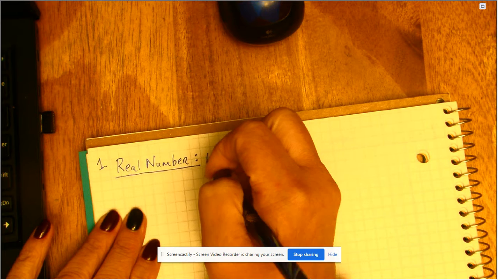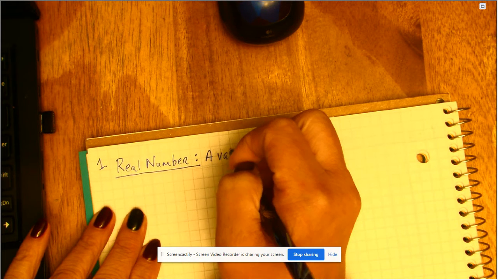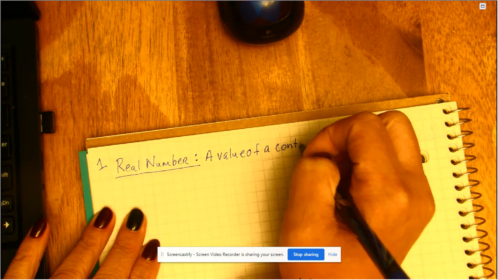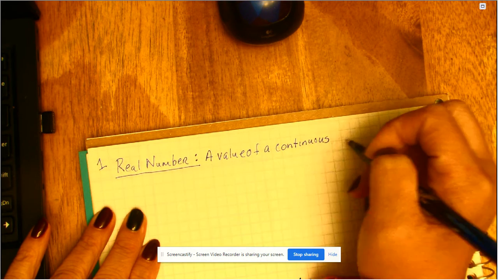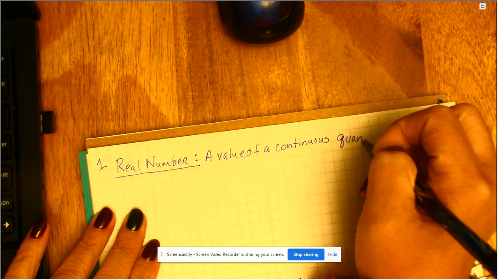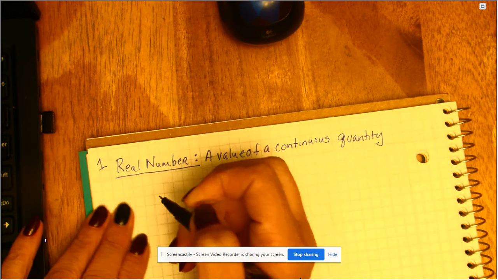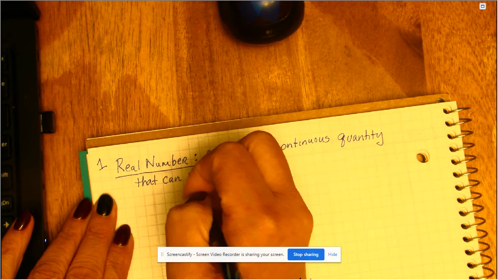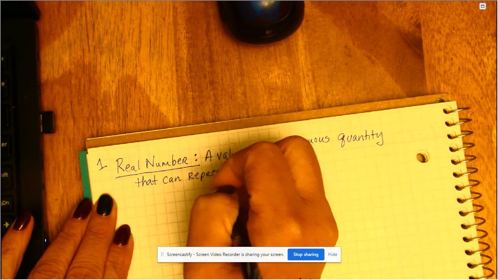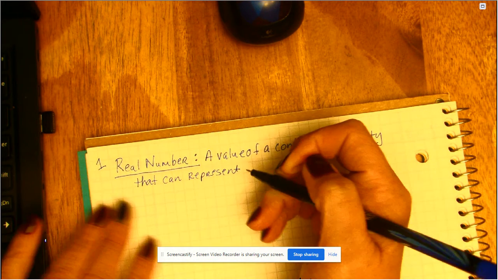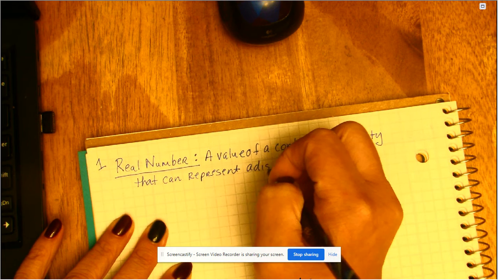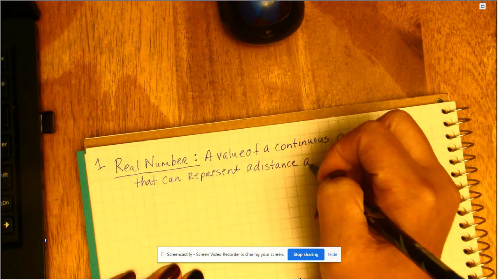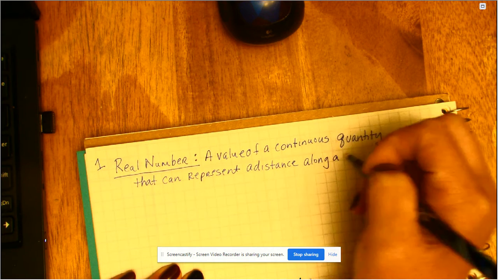But a real number is considered a value of a continuous quantity that can represent a distance along a number line.